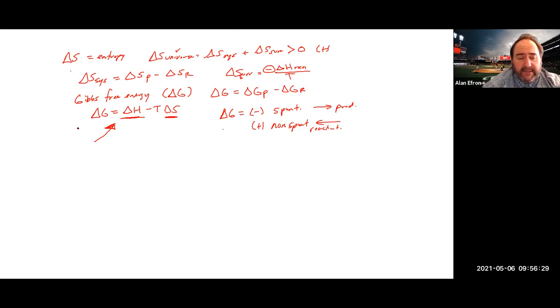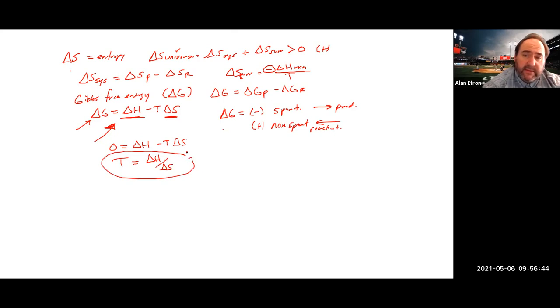That's basically by saying we need delta G to be negative, so we set delta G equal to zero, did some rearranging, and solved for temperature, which is delta H over delta S. That allowed us to calculate the minimum temperature at which the reaction would turn spontaneous. So that's another application we could use to help us determine that.